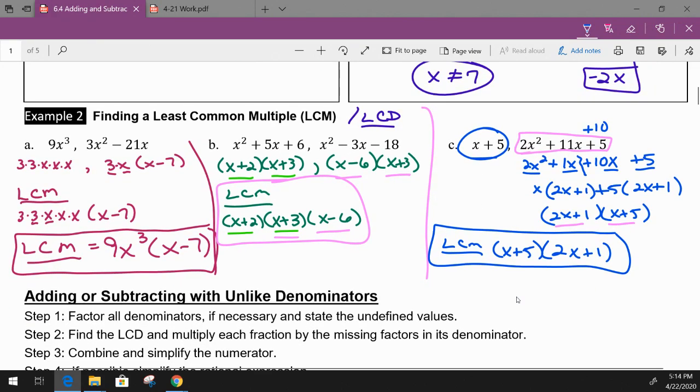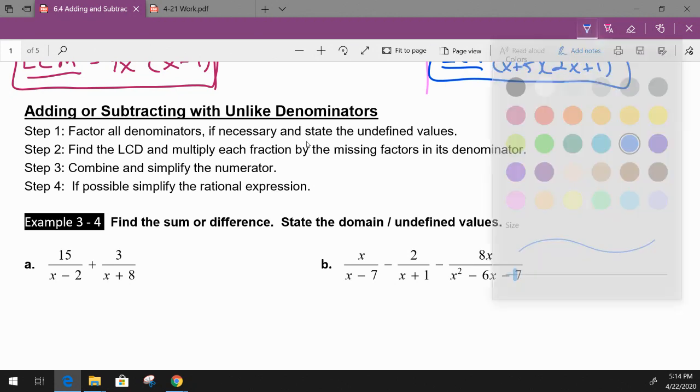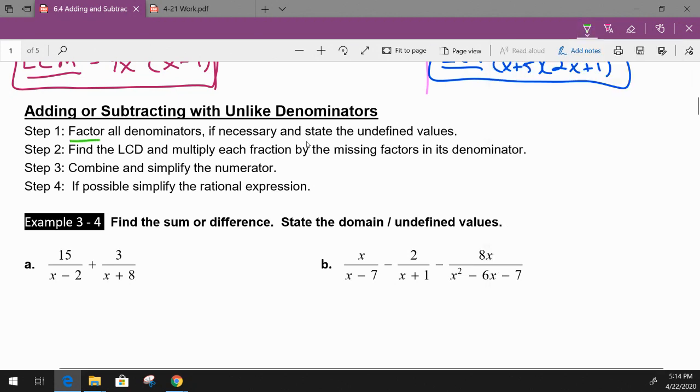Okay, so how are we going to apply that? So now we're adding and subtracting things with unlike denominators. So my recommendation is factor all the denominators if you can or if necessary, and state the undefined values. Before you start reducing anything, I would recommend that you state your undefined values right away.